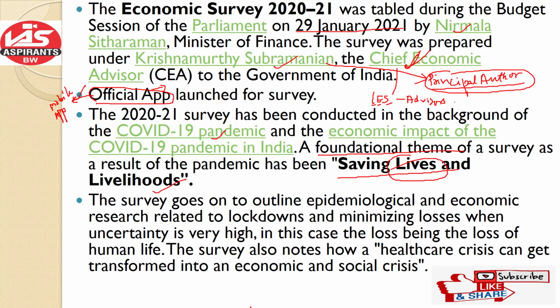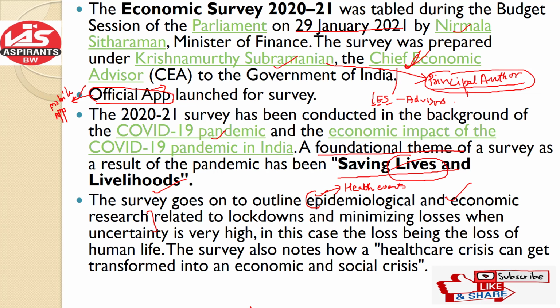And the survey focused on some research, the epidemiological and the economic research. Epidemiological means basically the data on the frequency, patterns or distributions of health events. So just like the pandemic that is going on, they have collected some data regarding it from the country itself, and on the basis of that data, some economic research has been done.